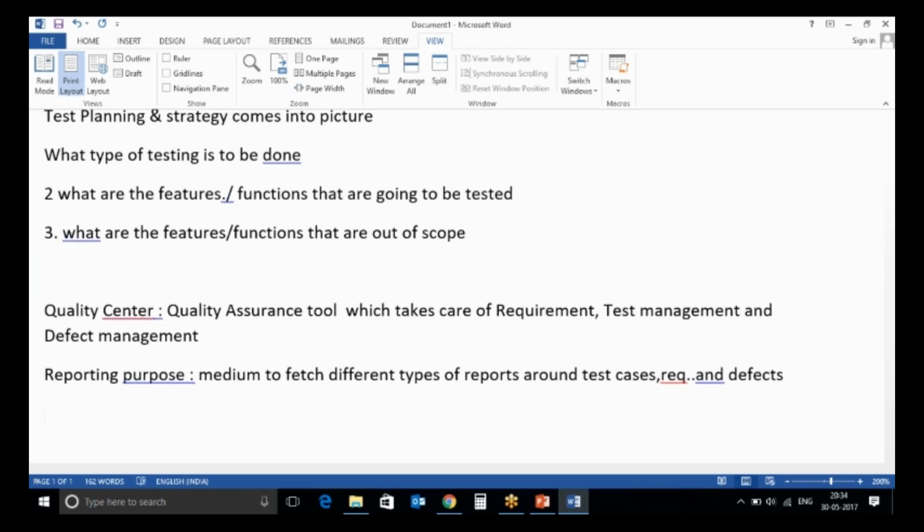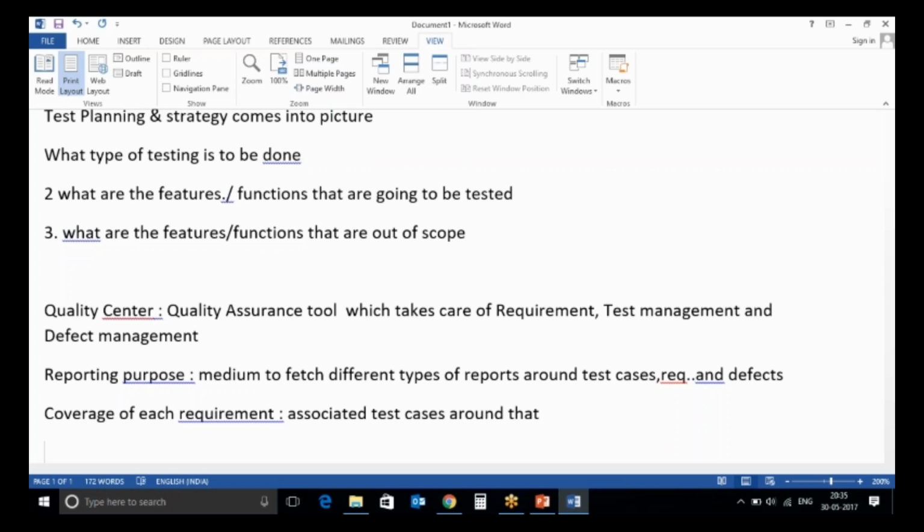So let's say there were 10 requirements. I have an option to fetch a report from Quality Center where it will give me the coverage of each requirement and the associated test cases around that.